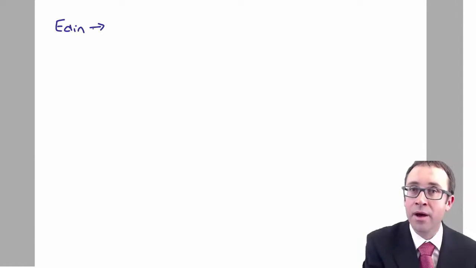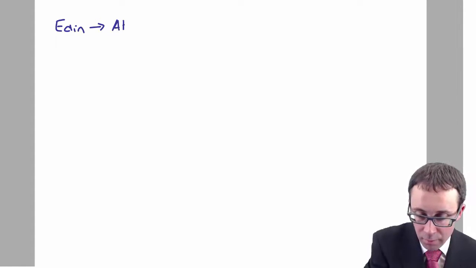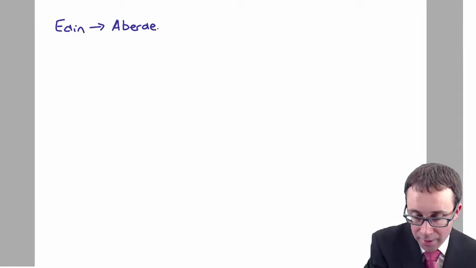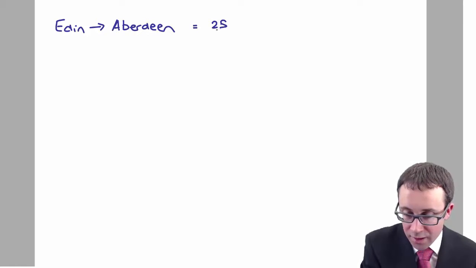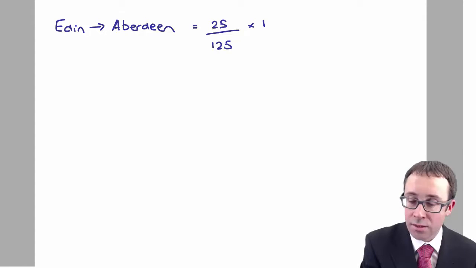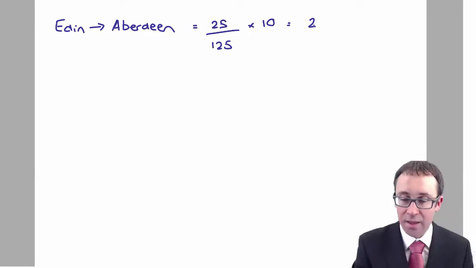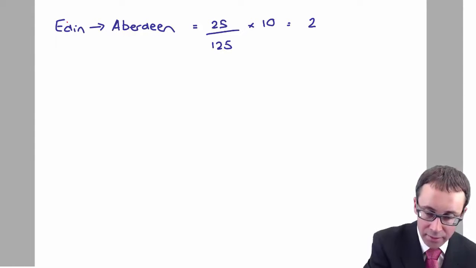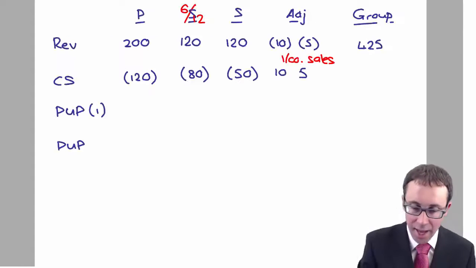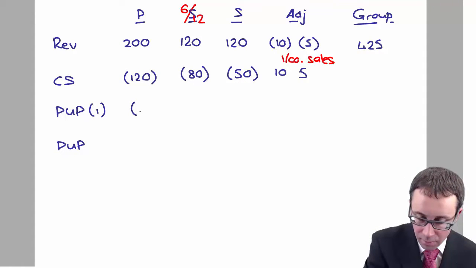So the first one on my PUP was whereby Edinburgh, the parent, sold the goods to the sub Aberdeen, and the PUP that you've got there is 25/125ths of the 10 million. So is that there as 2? So that 2, Edinburgh is the parent, so we will adjust Edinburgh's column, and none of the others.